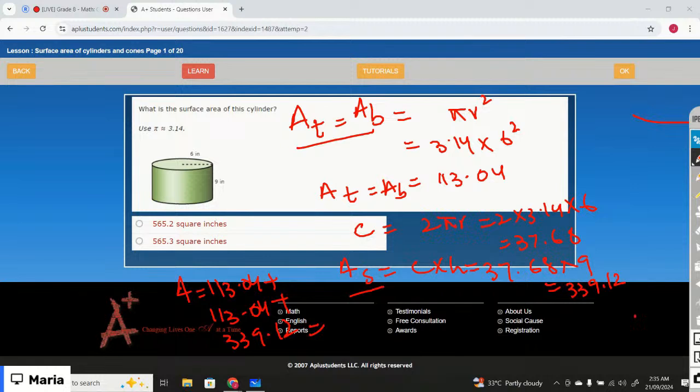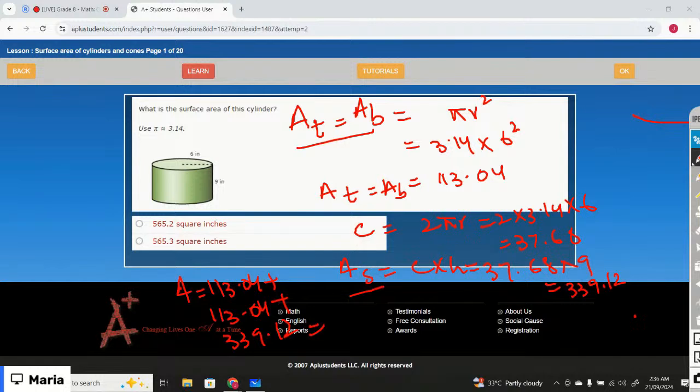These are the steps you have to follow, right? Whenever you have to calculate the surface area of the cylinder, first calculate the area of top and area of bottom.